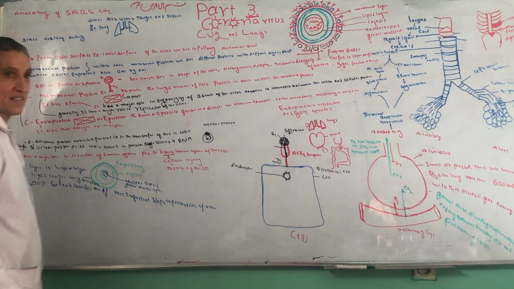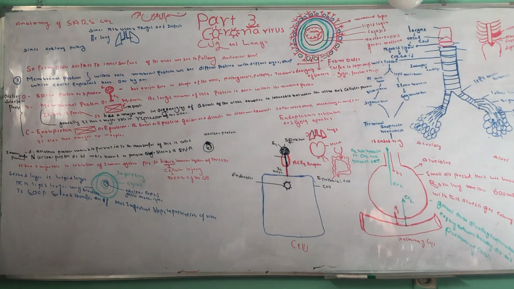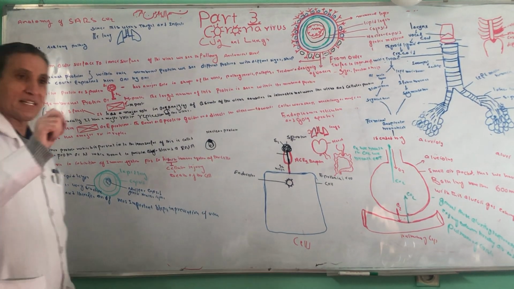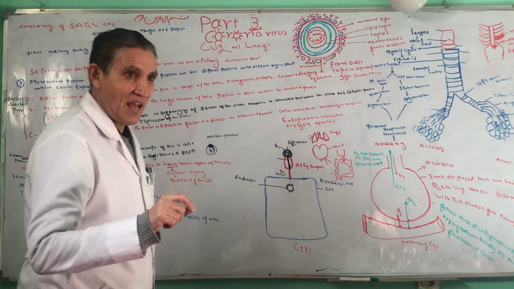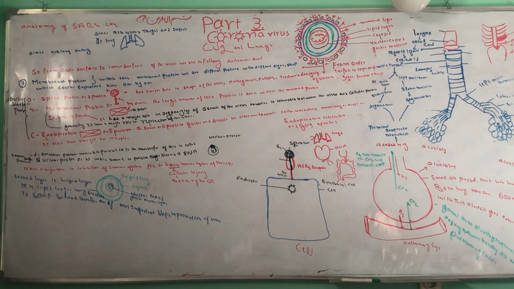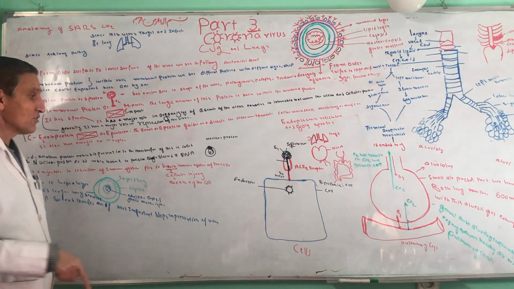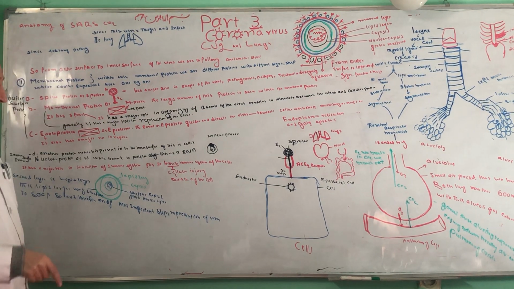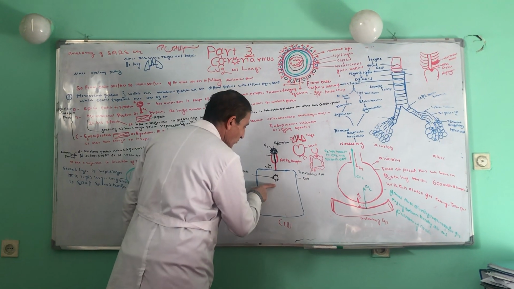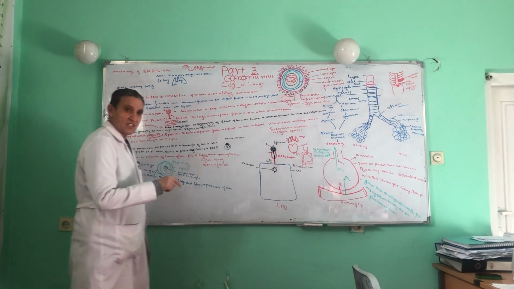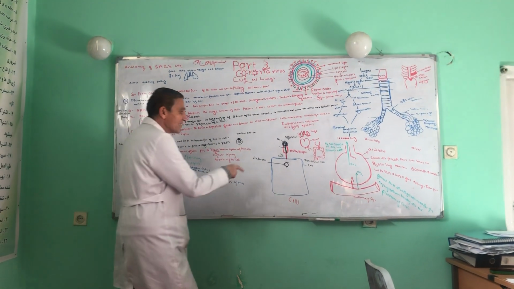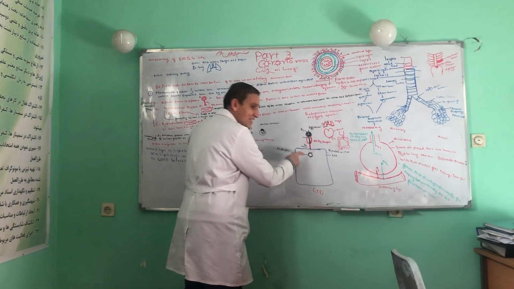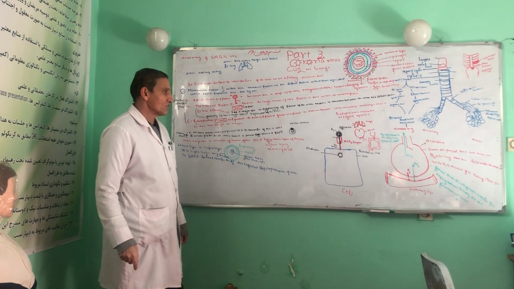So the spike protein is made from two parts, S1 and S2. S1 binds to the S2 receptor, and S2 helps the virus to diffuse into the cell membrane, and from the cell membrane this virus enters into the host cytoplasm. The process by which this virus enters the inside of the cell is called endocytosis.